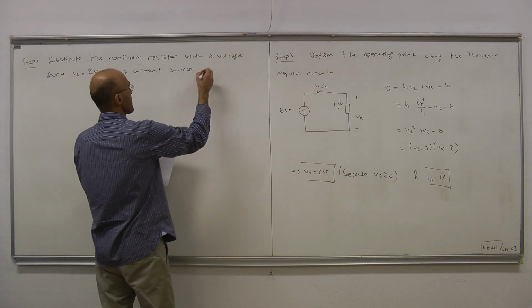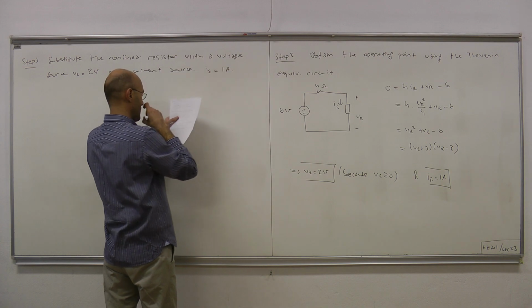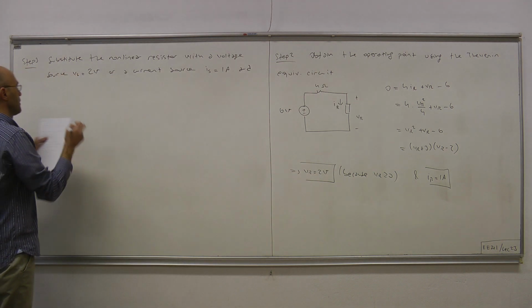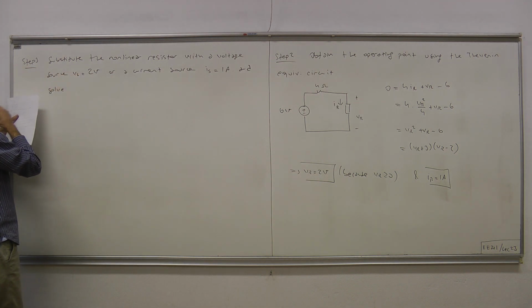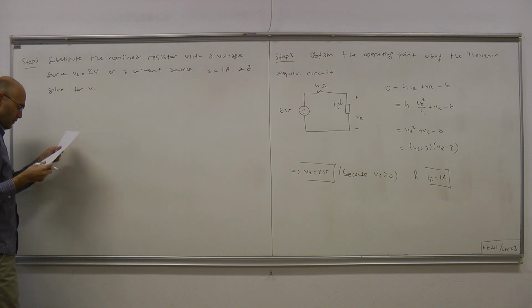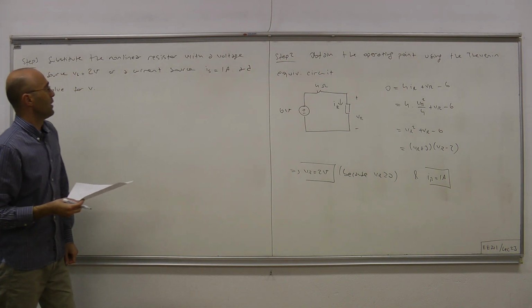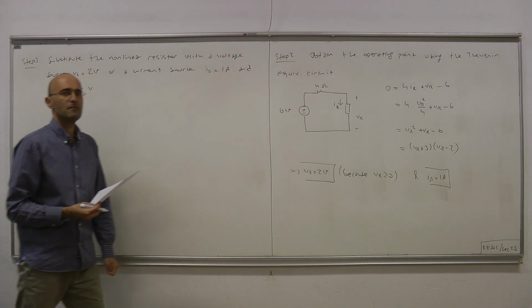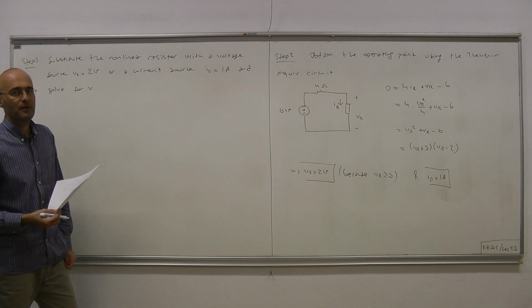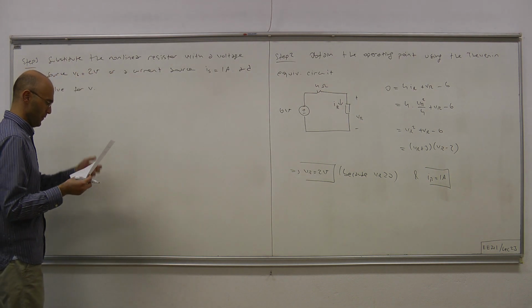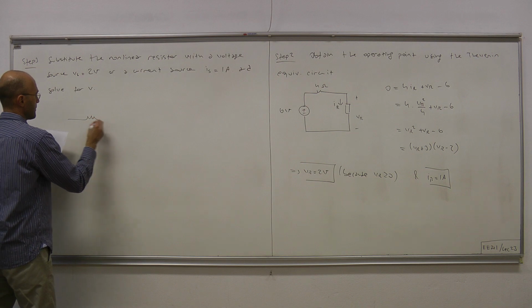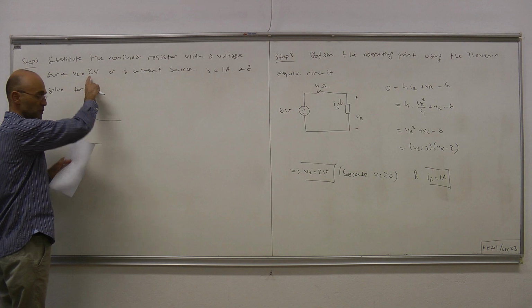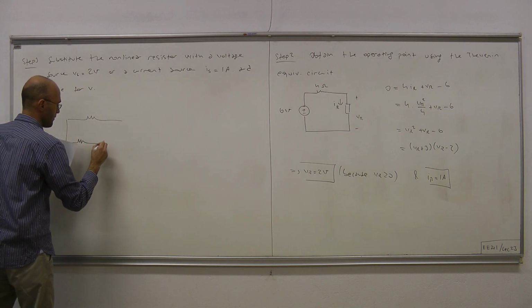The current source Is equals 1 amp. And solve for V. Well, depending on the situation, one choice might result in a simpler circuit than the other. Okay. And let's, for our case, go with the voltage source replacement alternative.